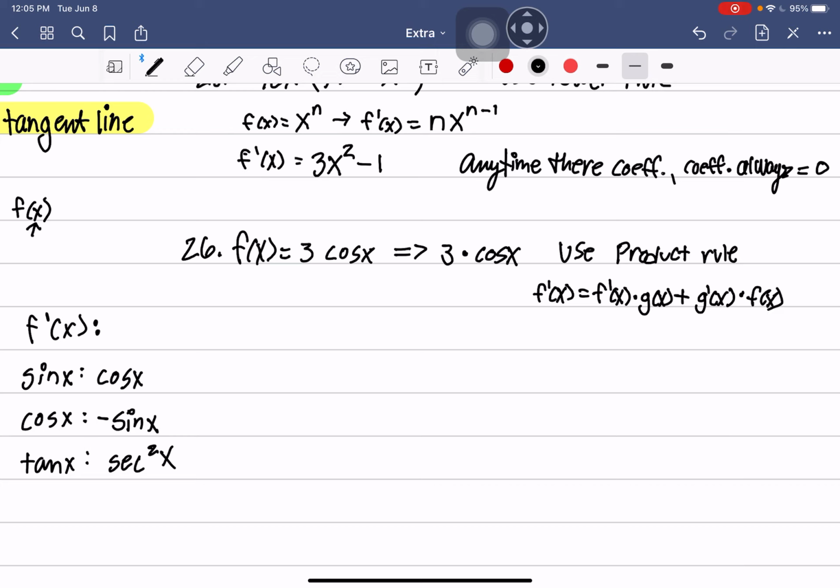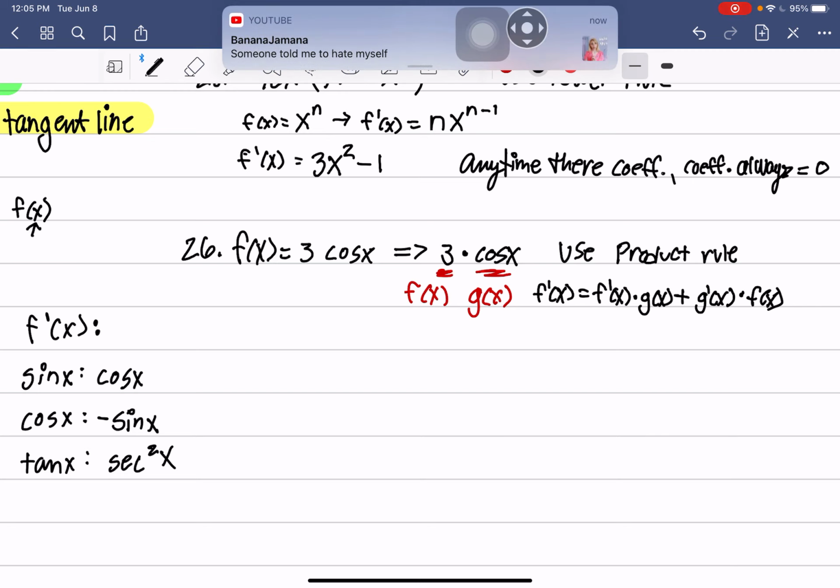Now, what in the world does this mean? So, we're going to take this as our f of x, and we're going to take this as our g of x. Simple. So, we're going to just do it like that.